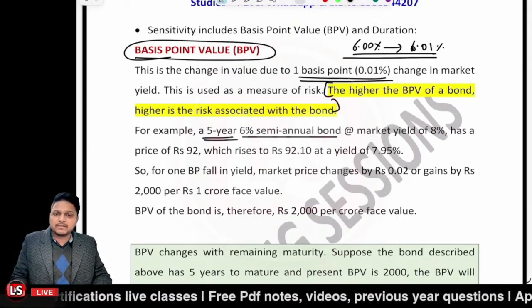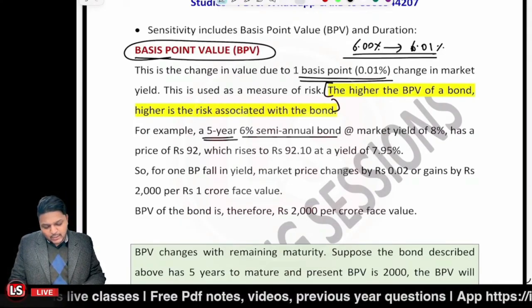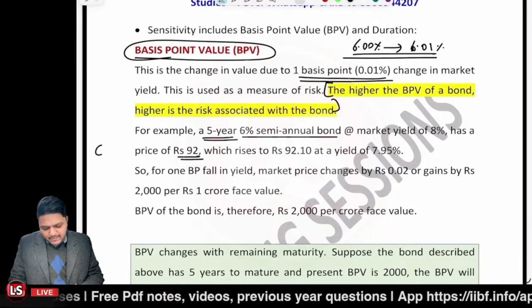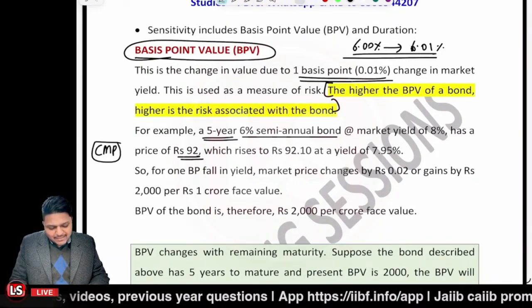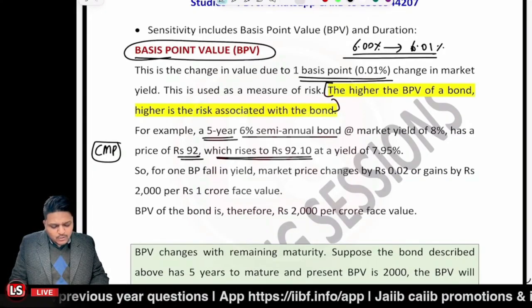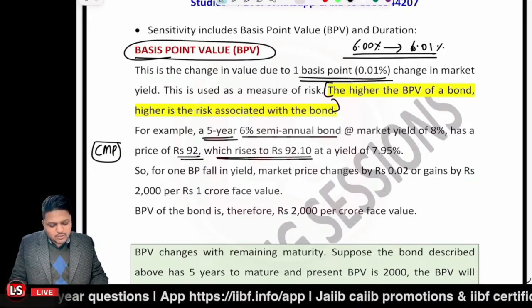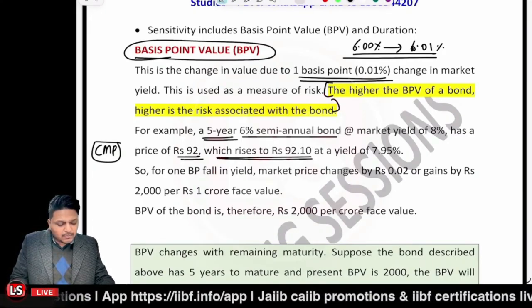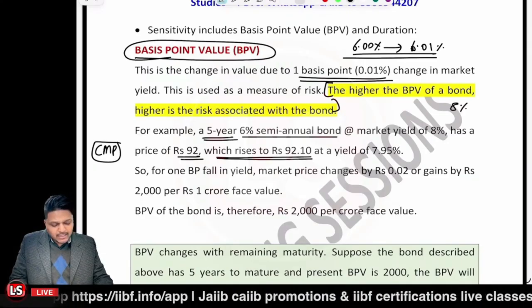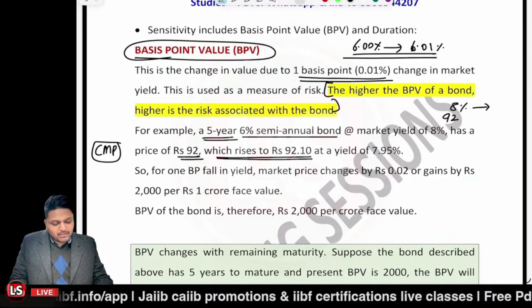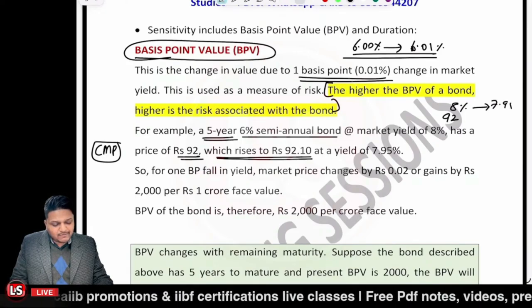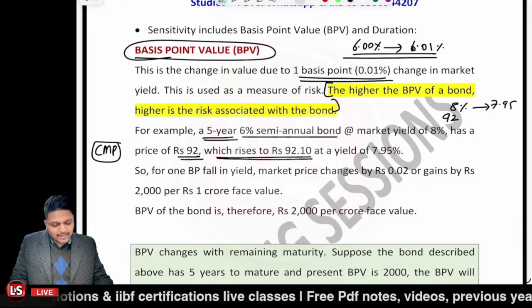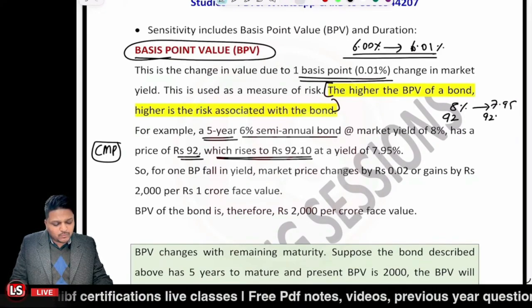Market yield of 8% has a price of rupees 92. Now this 92 is the current market price of the bond, which rises to 92.10. It means that when the market yield was 8%, the price is rupees 92. And when the interest rate reduced from 8% to 7.95%, the price changed from 92 to rupees 92.10.